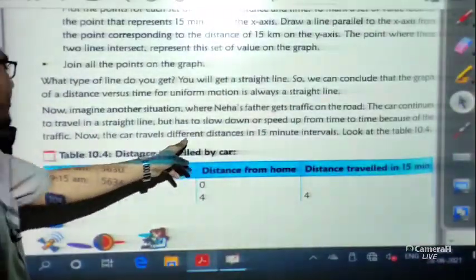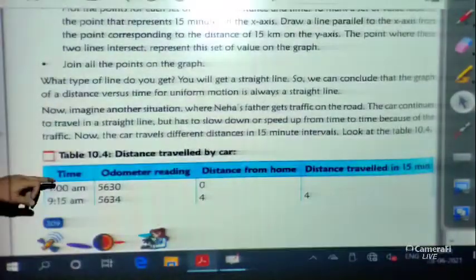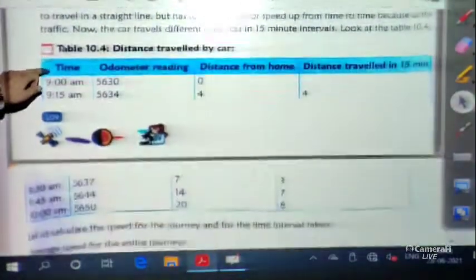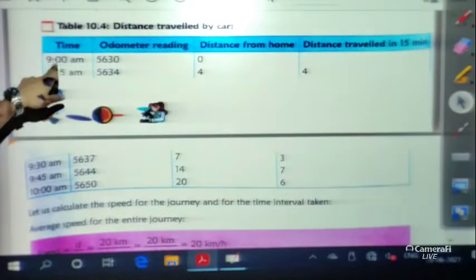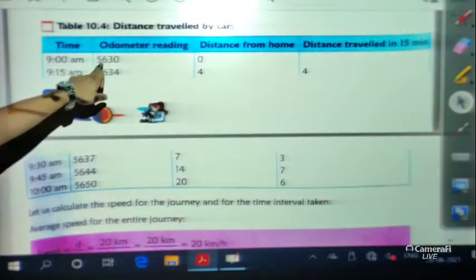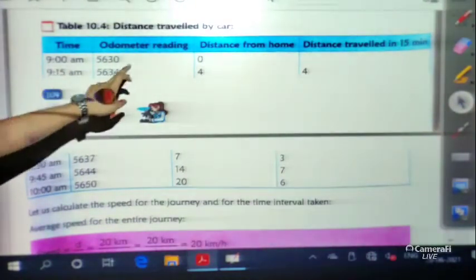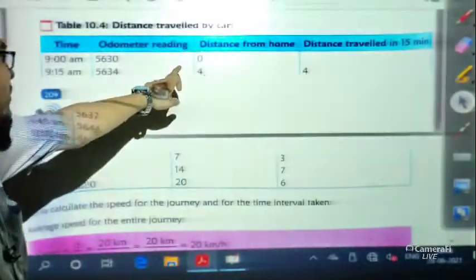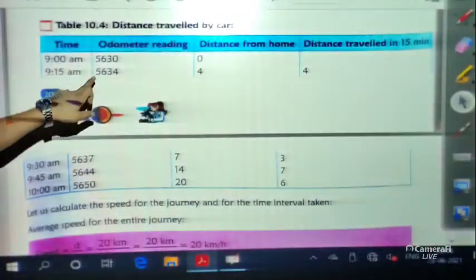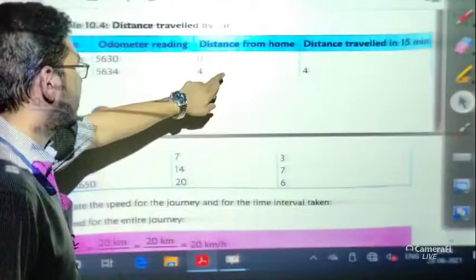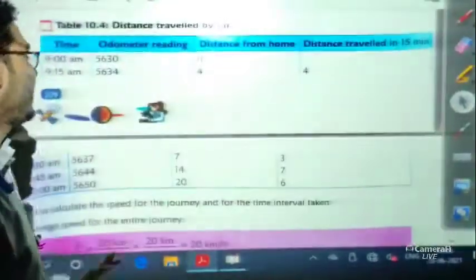Now the car travels different distances in 15-minute intervals. So look at the table. At 9 am, the odometer reading is 5630, so the distance from home is 0 first of all. Then at 9:15, the distance is 4 kilometers in 4 minutes.